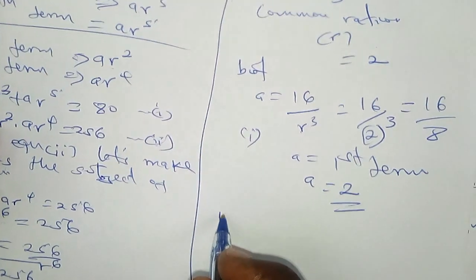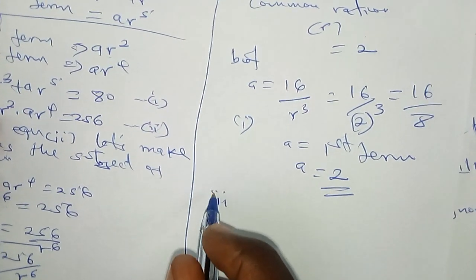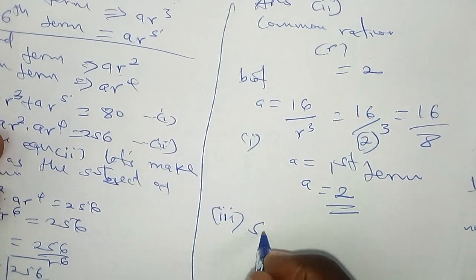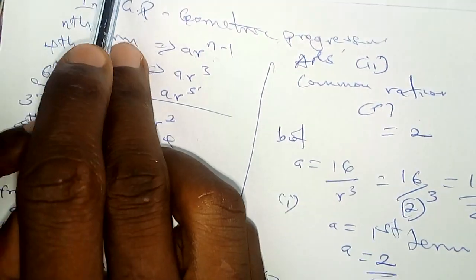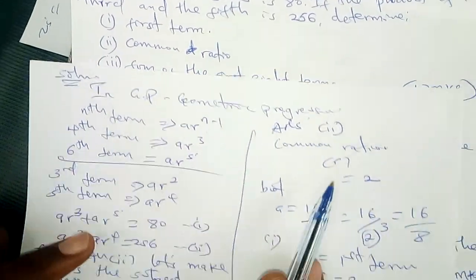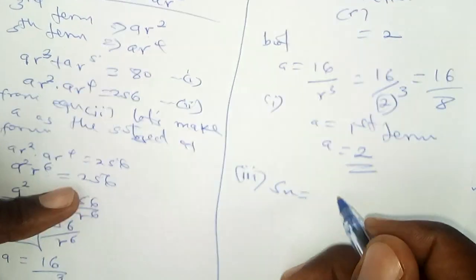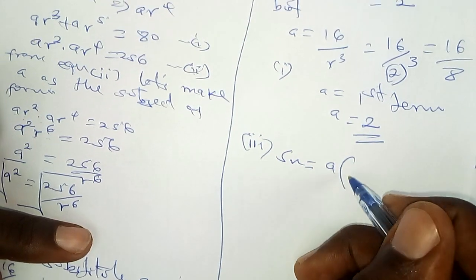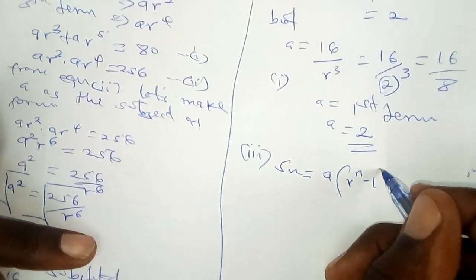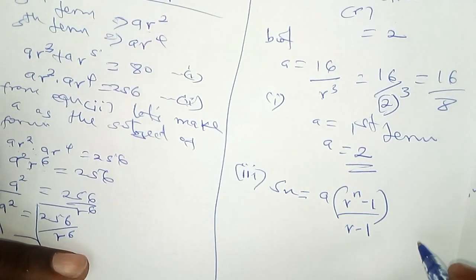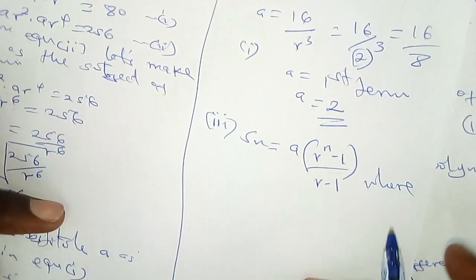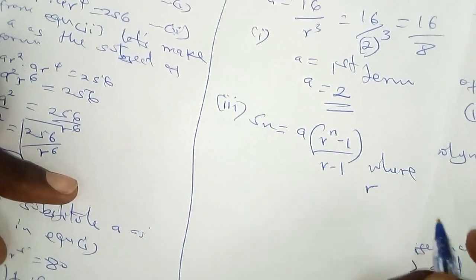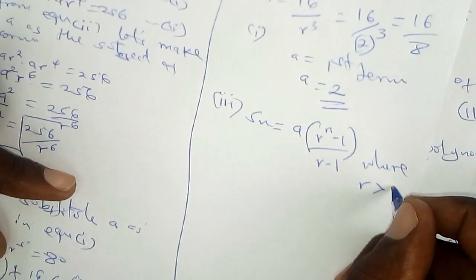Then the last part, which is Roman 3, we have summation. They said the sum of the first 8 terms, which means you use the formula under GP. You have two formulas here. We have Sn is equal to A into R raised to n minus 1 all over R minus 1, where we use this formula when R is greater than 1.